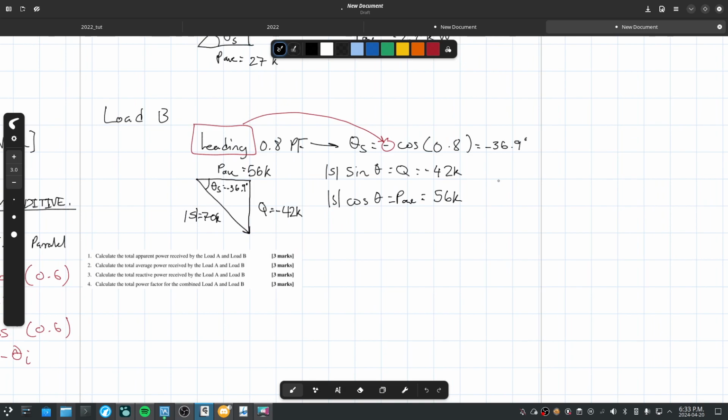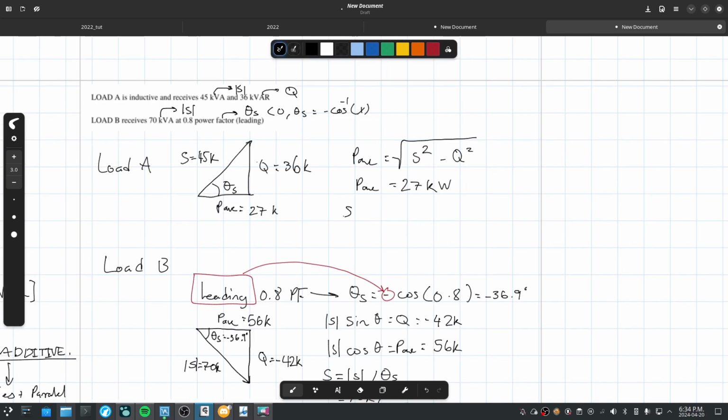Because again, the complex power contains the average power and the imaginary power, or the reactive power. So the complex power is the magnitude with an angle of theta S. That's it. So for B this is going to be equal to 70,000 at an angle of negative 36.9 degrees.